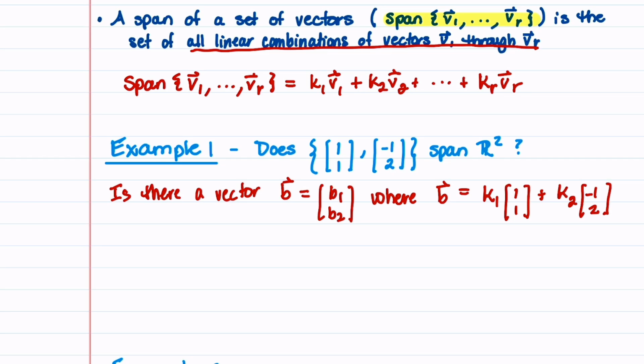Because if this set of vectors spans R2, then any vector in R2, which we're representing by vector B, can be written as a linear combination of those two vectors.